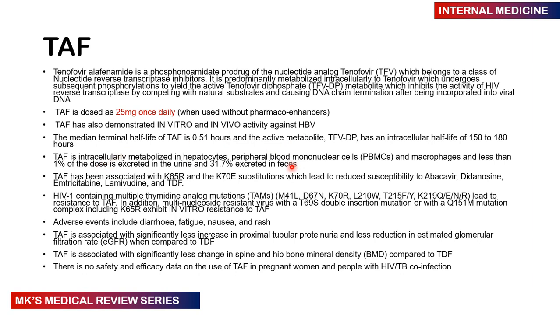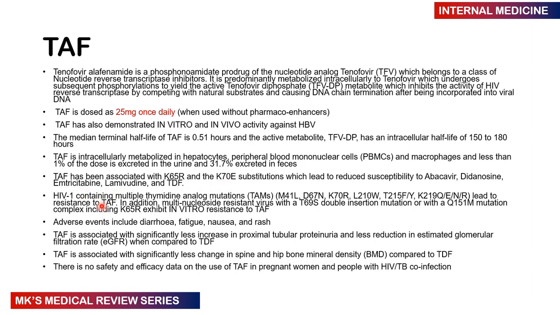Now, it has been associated with certain mutations such as the K65R and the K70E substitution, which actually lead the virus to have reduced susceptibility to abacavir, didanosine, emtricitabine, lamivudine, as well as tenofovir disoproxil.